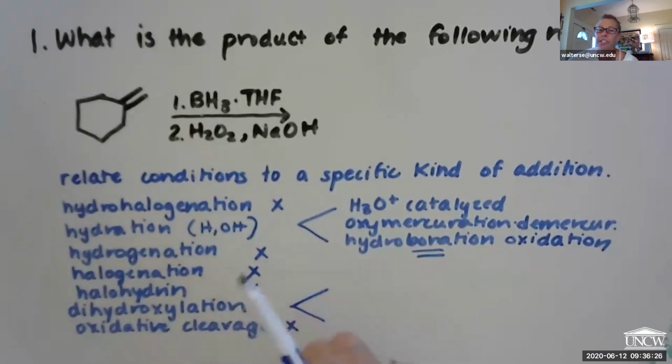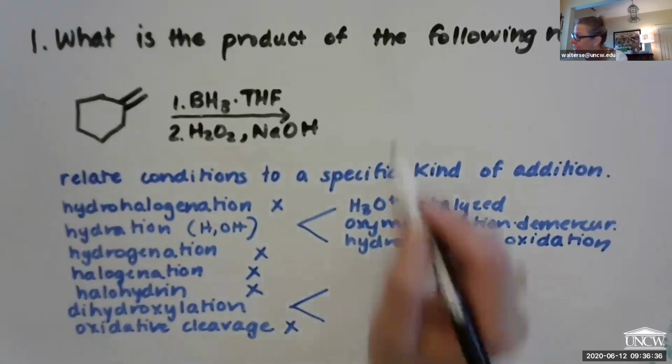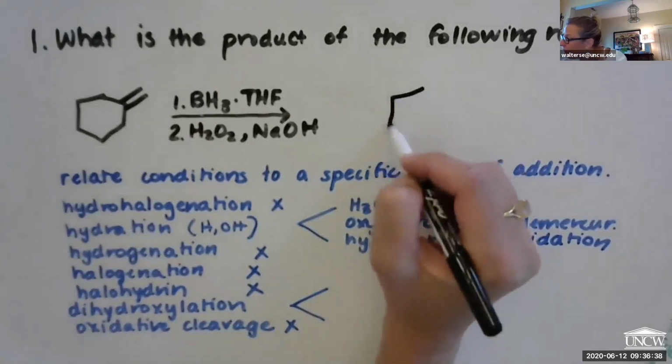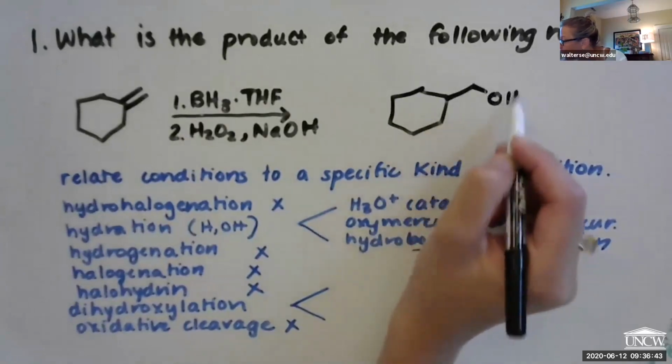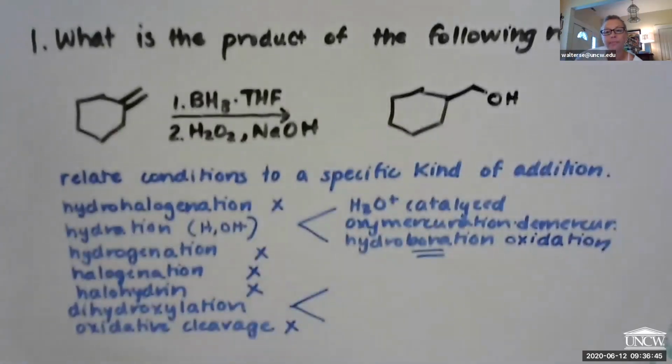So now it would just depend, do you remember which of these three is Markovnikov versus anti-Markovnikov? Hydroboration is anti-Markovnikov, which means your hydroxide will end up on that carbon. And that would be your product.